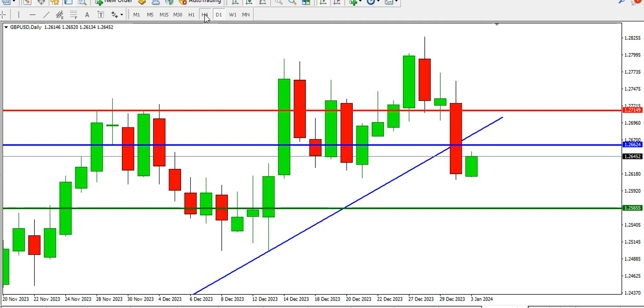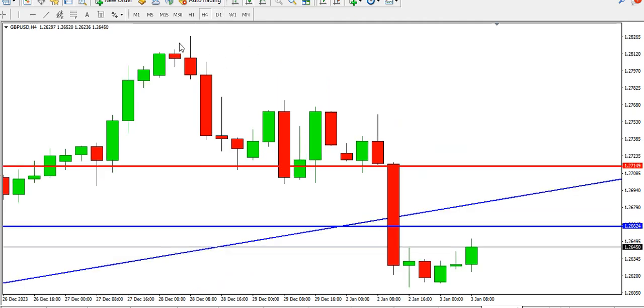On the 4-hour time frame, we can see price giving us a bearish structure where we have a high, a low, lower high, lower low. We might see a lower high, then a break of price downwards for us to get a lower low.